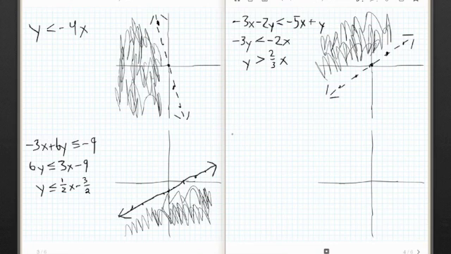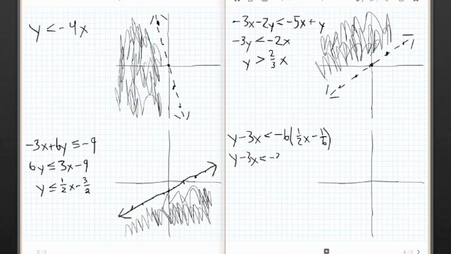Now let's throw in something interesting. Start with a more complex problem. Okay, so whenever you have parentheses, first thing you want to do is get rid of those by distributing the -6 like that.